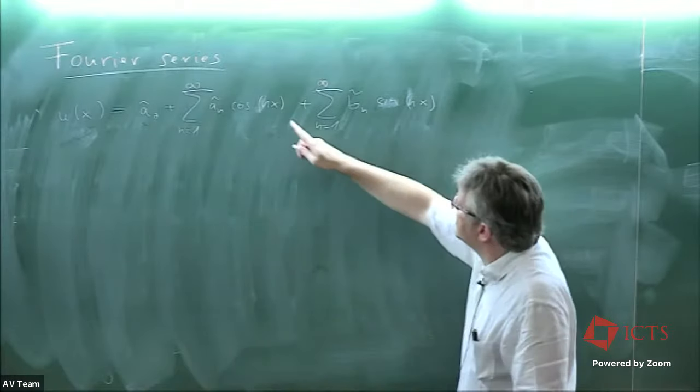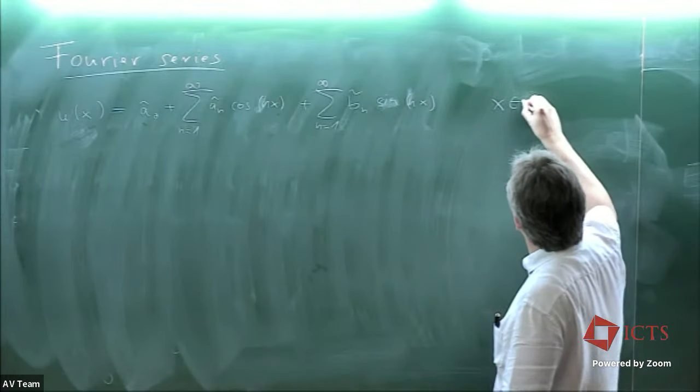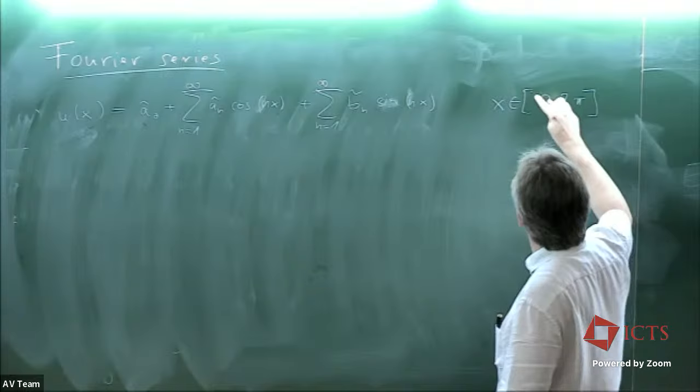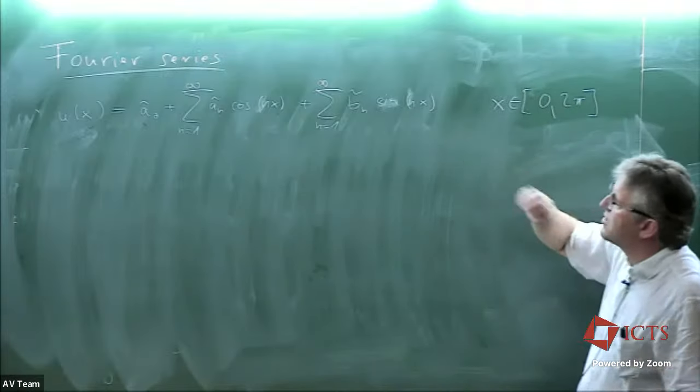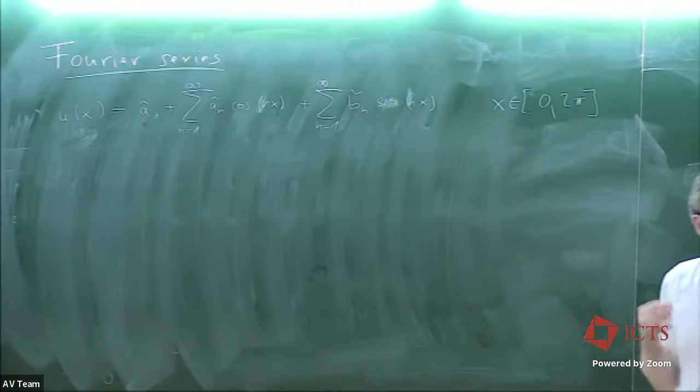If I'm putting integers here, this means I'm going to use x as an interval from 0 to 2 pi. And Fourier series are periodic by construction, so they will work best for periodic data.